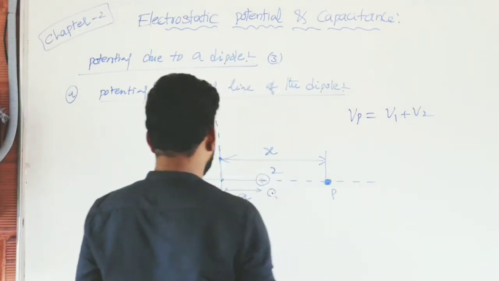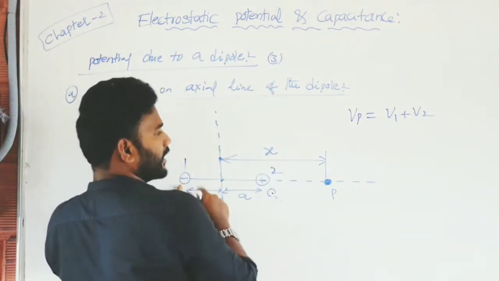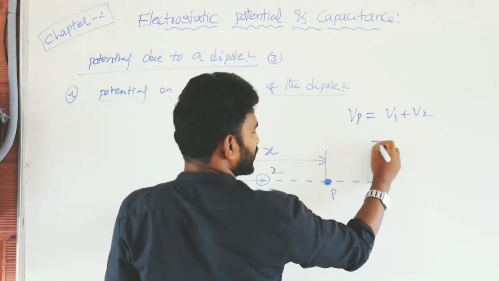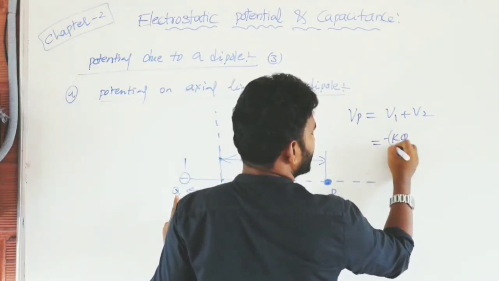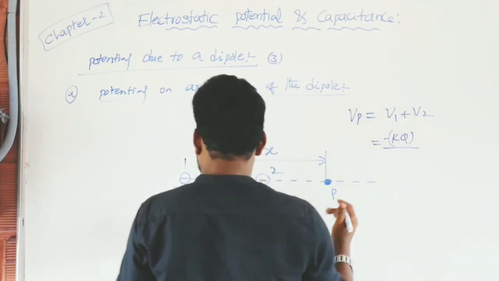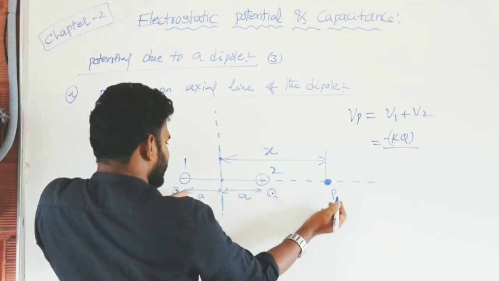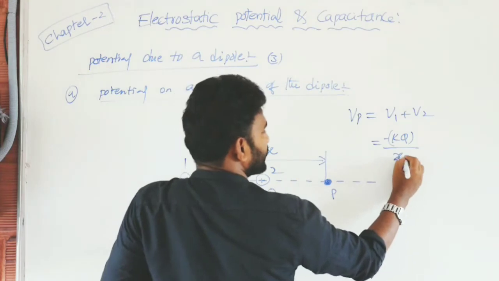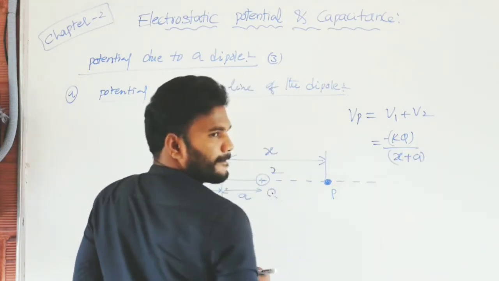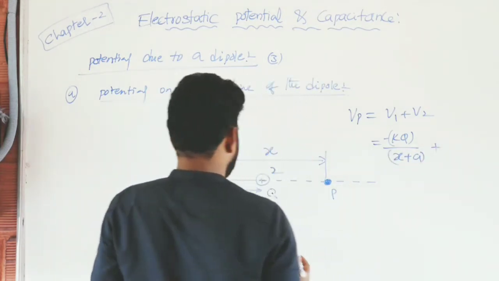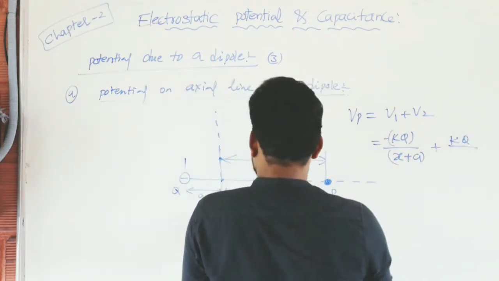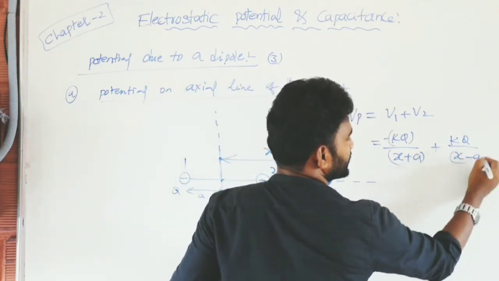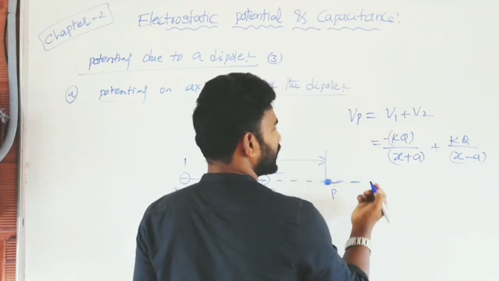What is V1 here? Negative charge, so it is minus kQ by r. Here r is the total distance between point P and this charge, which is x plus a. Try to understand, x plus a. Plus the positive charge, that is kQ by x minus a. Are you understanding?